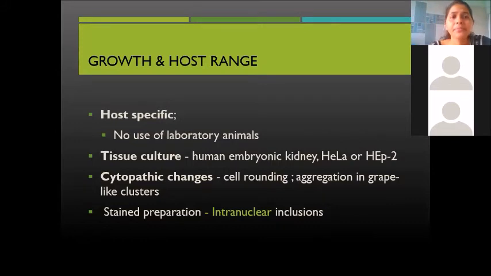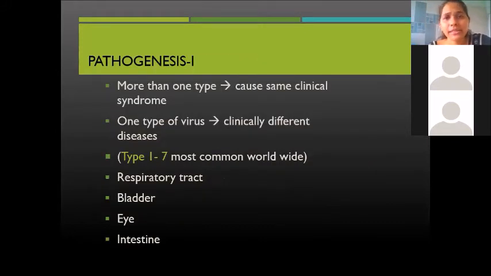Correct. In pathogenesis, now there are various types of adenoviruses. A single adenovirus can cause different types of clinical features involving different systems, or different serotypes can cause one single systemic infection. For example, respiratory tract infection can be caused by multiple adenovirus types.